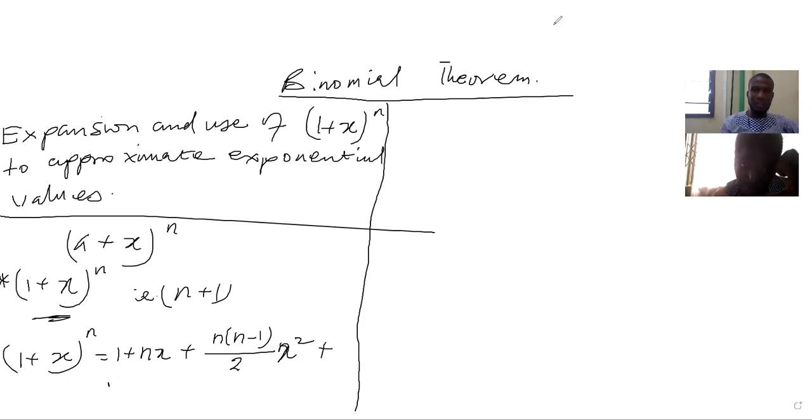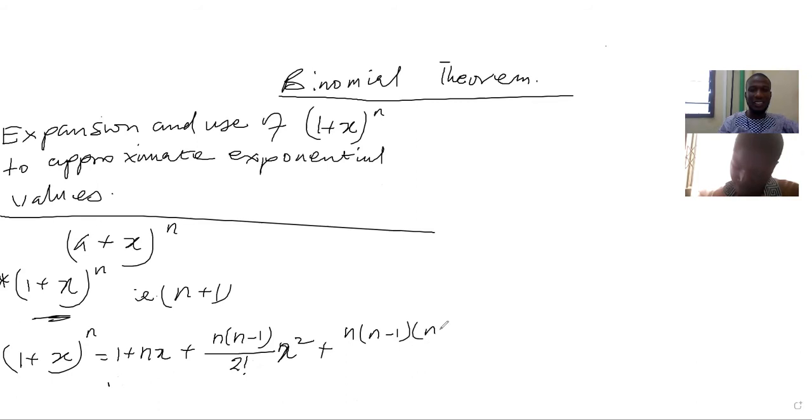Sir, let me just take this one, it is 2 factorial. Oh, okay. 2 factorial is the same as 2. But let me just bring it for the sake of the records. Plus n(n minus 1)(n minus 2) all over 3 factorial, x cubed, plus, and it continues.